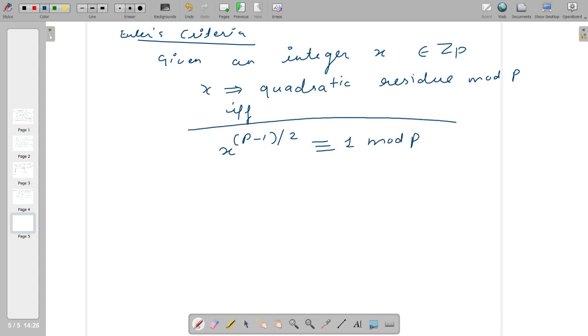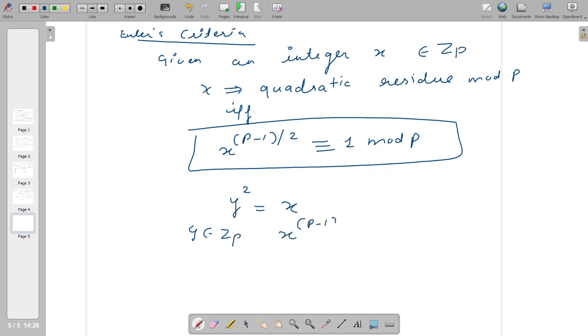Because in the previous example we talked about y square equal to x, and if y belongs to Zp, then what is y square? x to the power (p minus 1) by 2 is equal to y to the power p minus 1, which is congruent to 1 mod p. So if x to the power (p minus 1) by 2 is congruent to 1 mod p, then we say that x is a quadratic residue mod p.